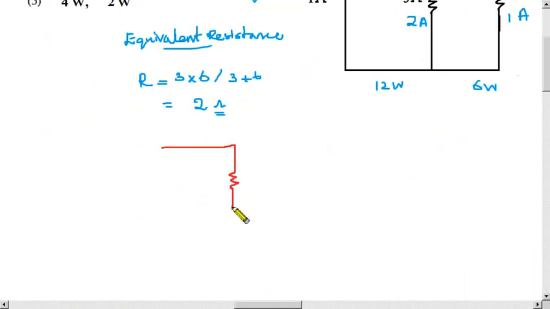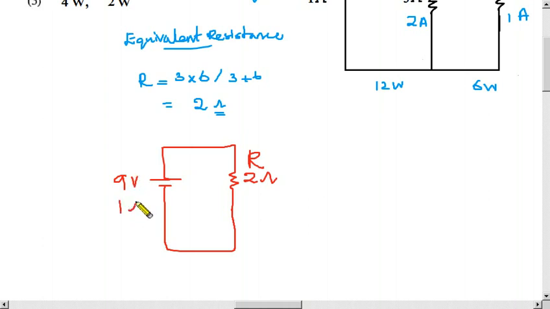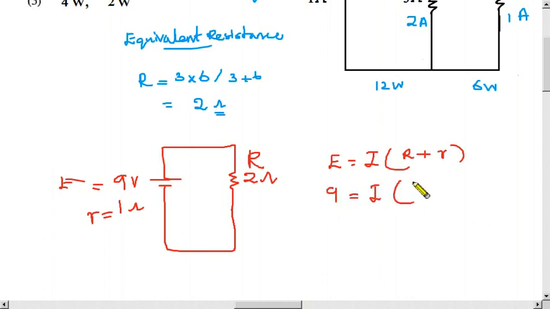So let us draw the simplified diagram. This one, 2 ohm, capital R, 9 volt, 1 ohm, the battery, like this. So E equals I times R plus R. Here 9, 2 plus 1.